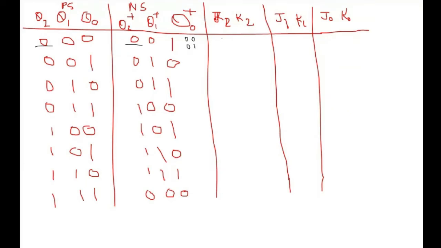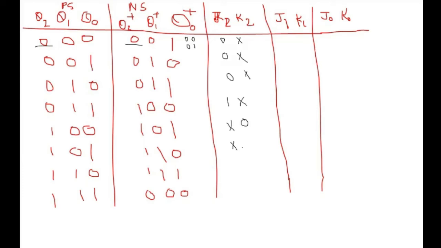So we can have it 0x, again 0x, again 0x. The fourth one is 0 to 1, toggle and set. So this will be my 1x. 1 to 1 is x0.